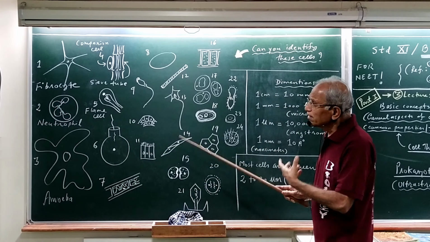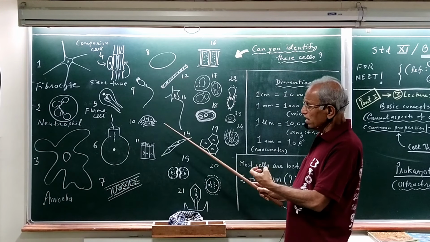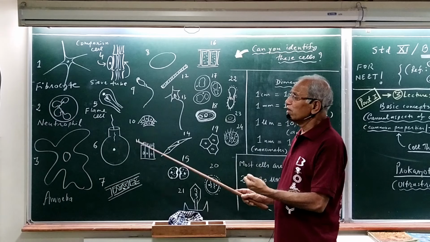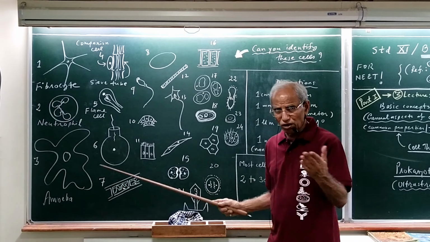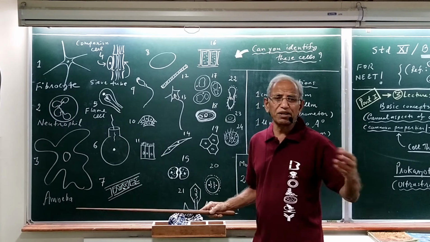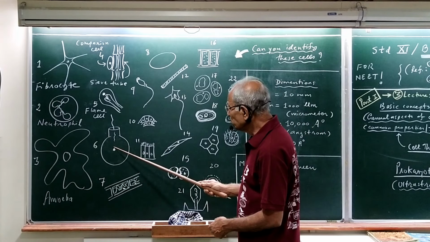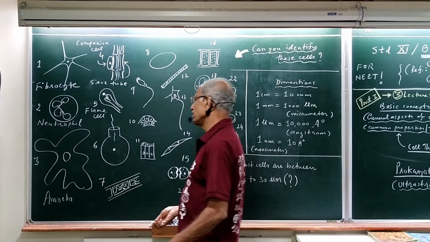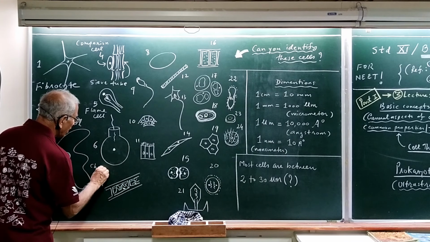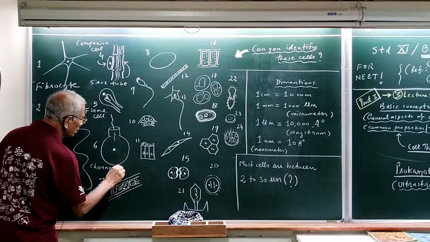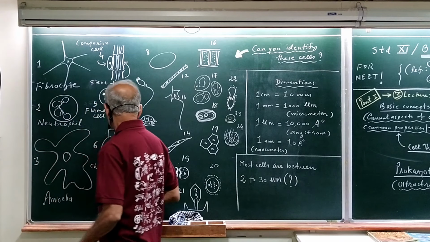The purpose of all these diagrams is to make you understand that cells are of so many different types. Shapes also are so many different ones. Size and shapes differ a lot. Then come to the 6th. This you may not have identified. This is very interesting. This is choanocyte. Wherever the word cyte is there, it means cell.